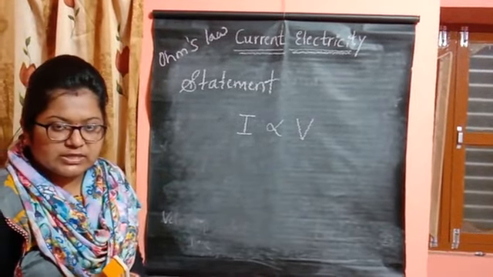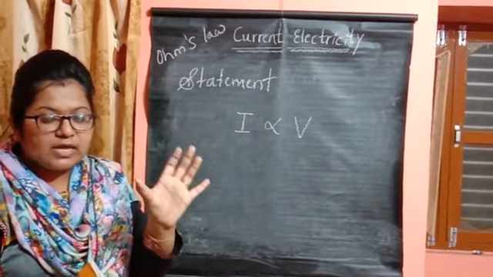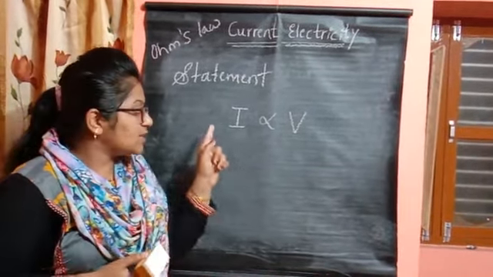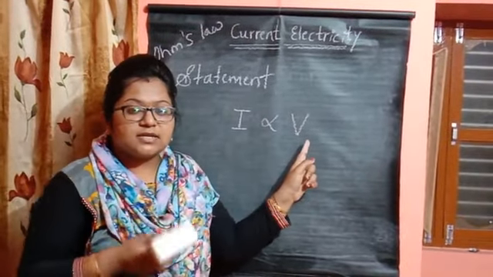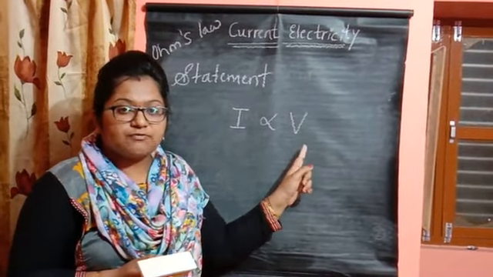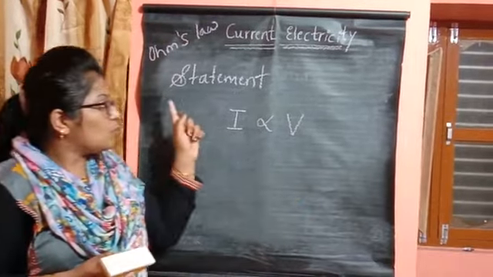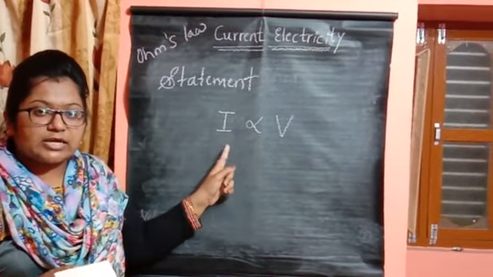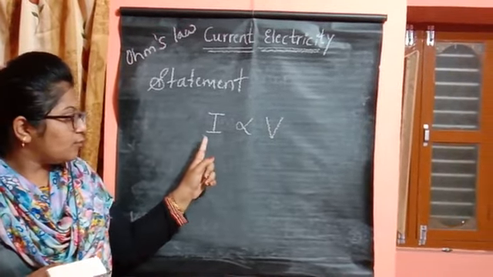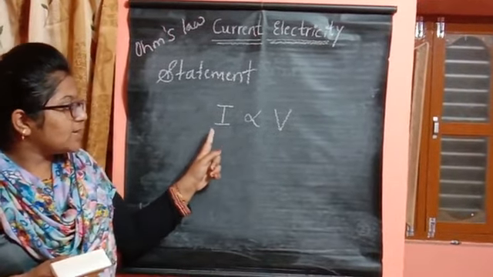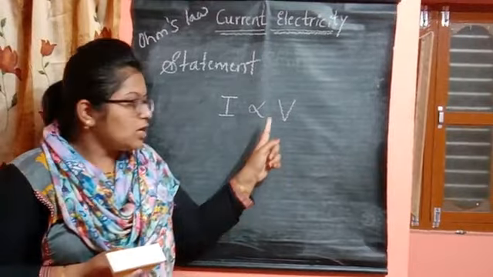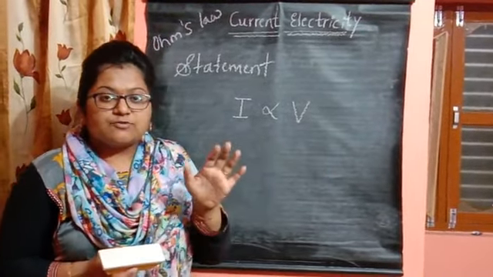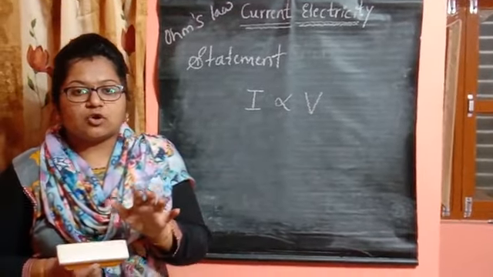Here we are considering a conductor in which current is flowing. The current flowing in that conductor is I, and that conductor is supplied with some potential difference V. Ohm's law states that the current flowing through a conductor is directly proportional to the potential difference across the conductor when the physical conditions remain constant.